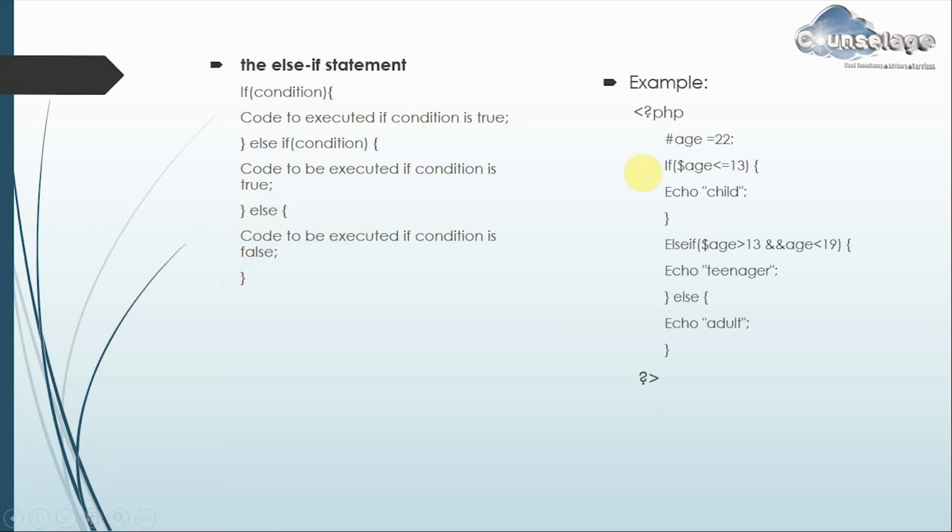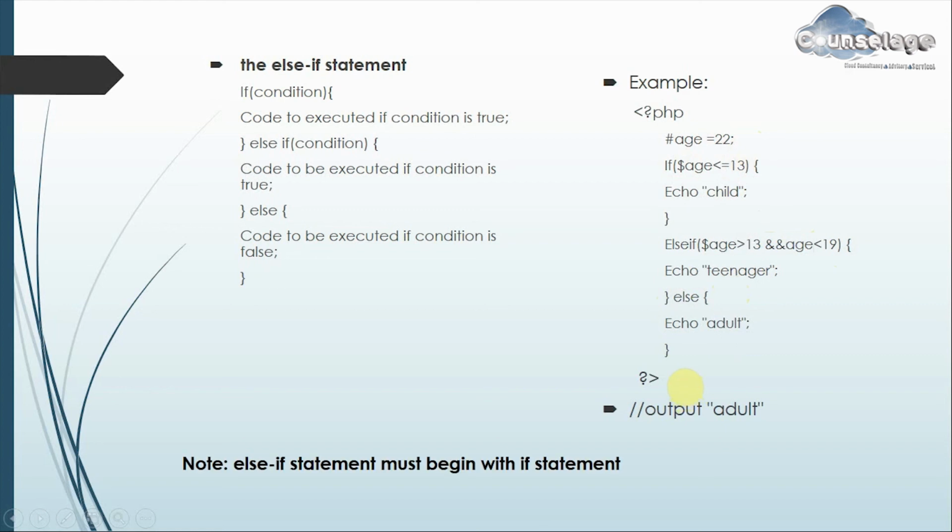For example, age declared is 22, and condition if age is greater than or equals to 13, print child, else if age is greater than 13 and age is less than 19, then print teenager, else print adult. And here, according to the age given 22, the output is adult. Always remember, else if statement must begin with if statement, not with else statement.